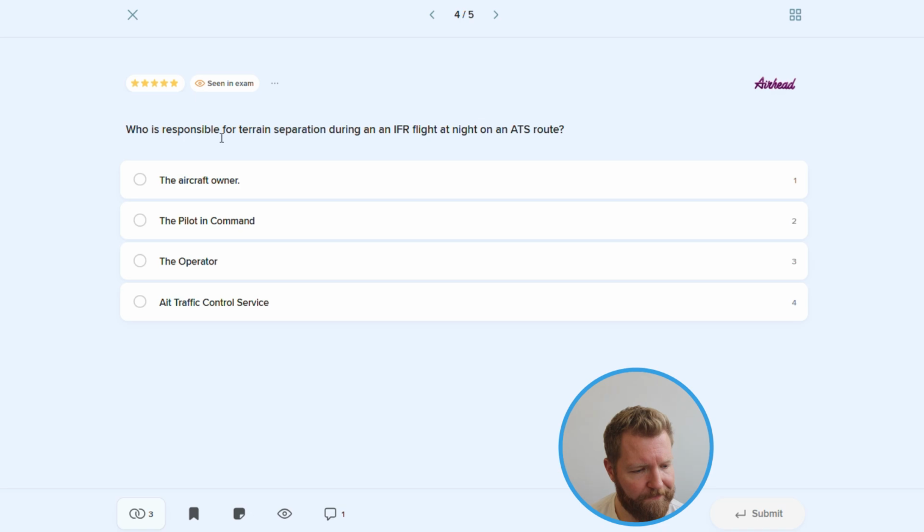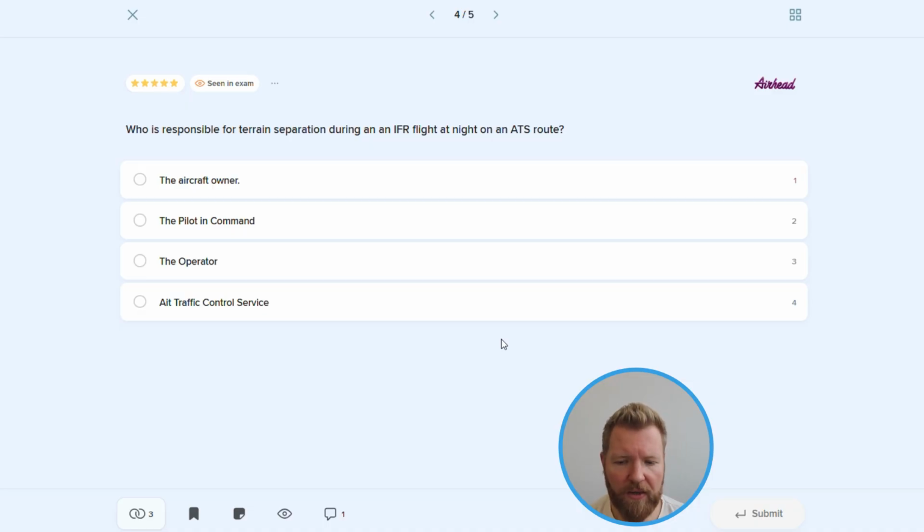Question number 4. Who is responsible for terrain separation during an IFR flight at night on an ATS route? The aircraft owner, the pilot in command, the operator, or the air traffic control service? Now, there's a lot of this kind of questions in the database, especially in air law.